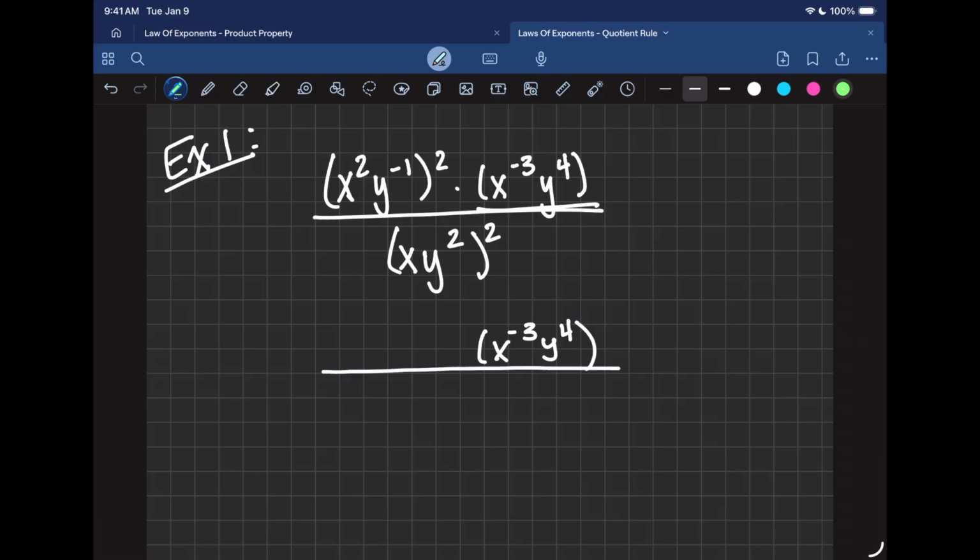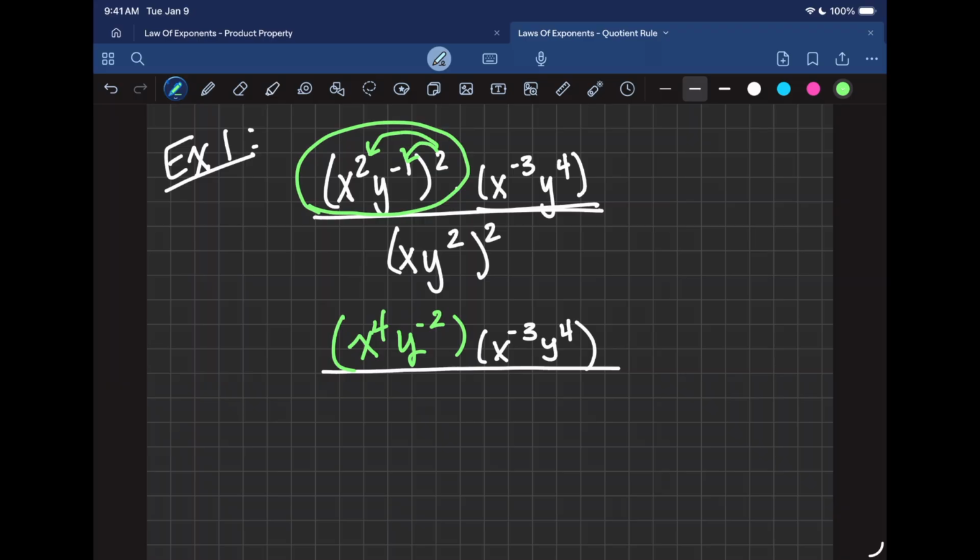Now dealing with that top piece, we see that we have exponents that are visible, so I don't have any invisible ones, so I can multiply directly. 2 times 2 is 4, so I'm going to have x to the power of 4. Then I'm going to have 2 times negative 1, which is negative 2, so I have y to the negative 2 power. I'm still going to keep my parentheses because I have something going on right next to it.